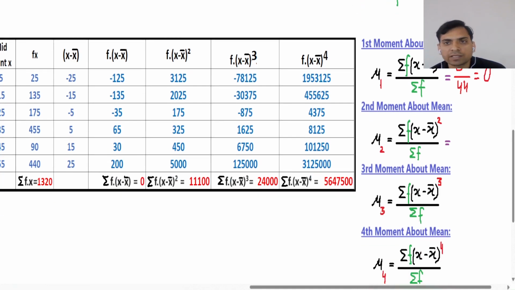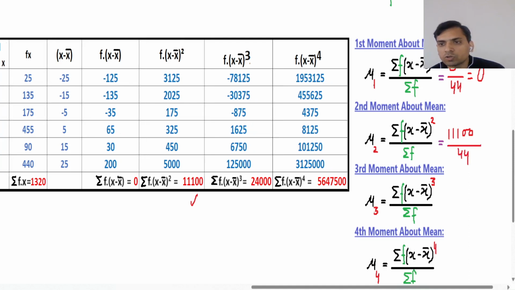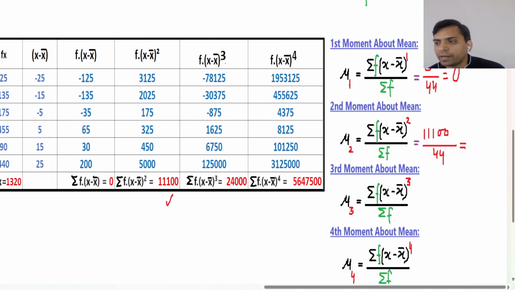Now second moment about mean, so we will consider this summation. This is 11100, and this divided by 44. So you will see this second moment equals to 252.27. And third moment we will consider this value, and this is 24,000, and this divided by 44.